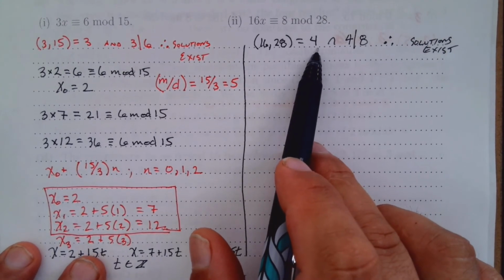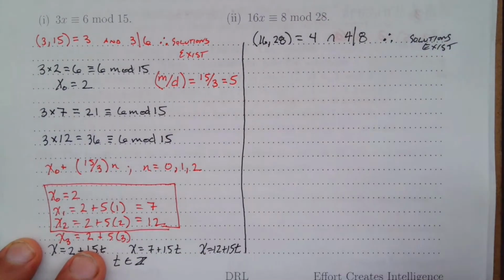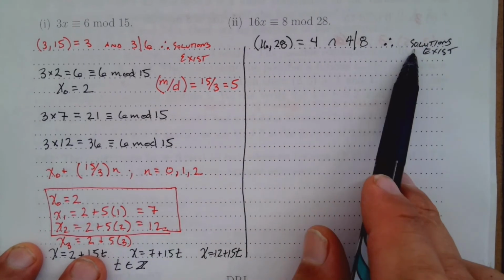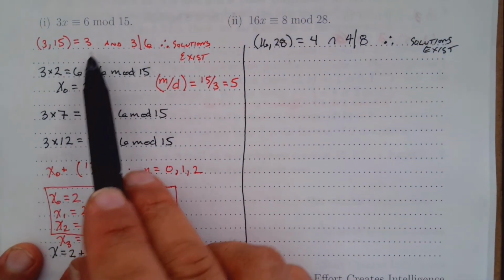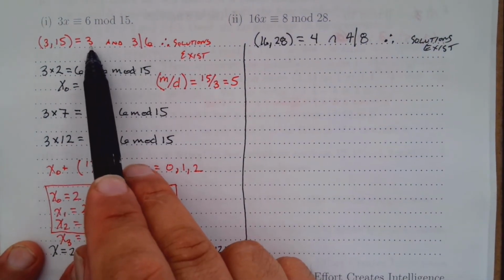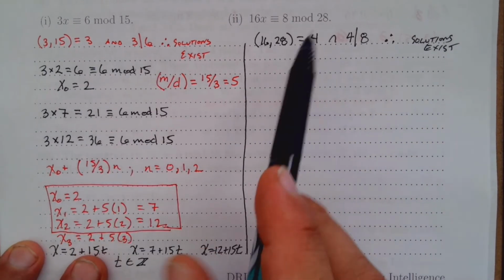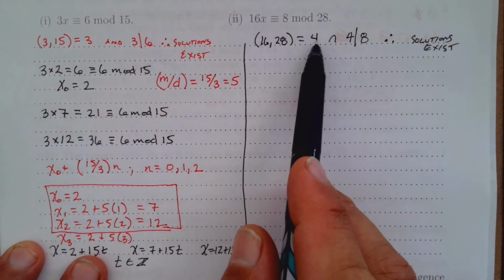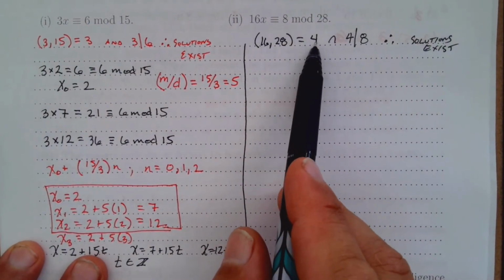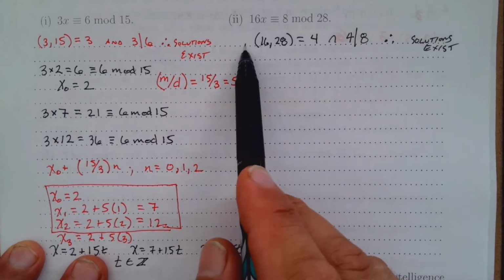Now, how can I solve this? Well, the Euclidean algorithm allows us to solve this whenever one of our numbers is not that greatest common divisor. So I'm going to figure out how to write 4 in terms of 28 and 16.